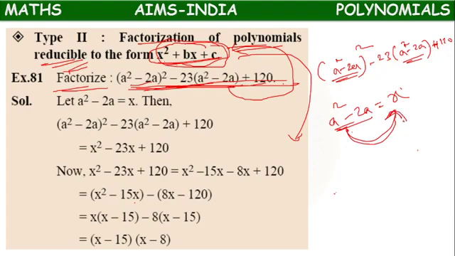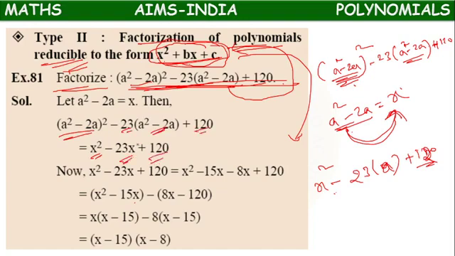If in the place of a square minus 2a we keep x, it becomes x square minus 23x plus 120. Now it is reduced to x square plus bx plus c form.